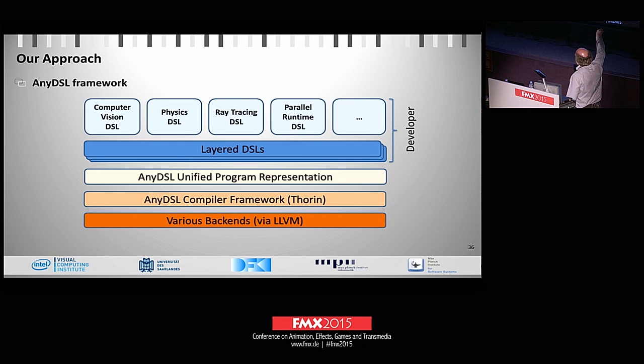The key point is that everything you ever write in AnyDSL is transformed into this same representation right away. So if you define a computer vision DSL or a physics DSL or a RayTracing DSL, this is immediately converted, and you can layer DSLs on top of each other. All of them are directly converted into this common representation. The compiler doesn't even know that this came from a RayTracing DSL, and that may come from, I don't know, a parallelization DSL.